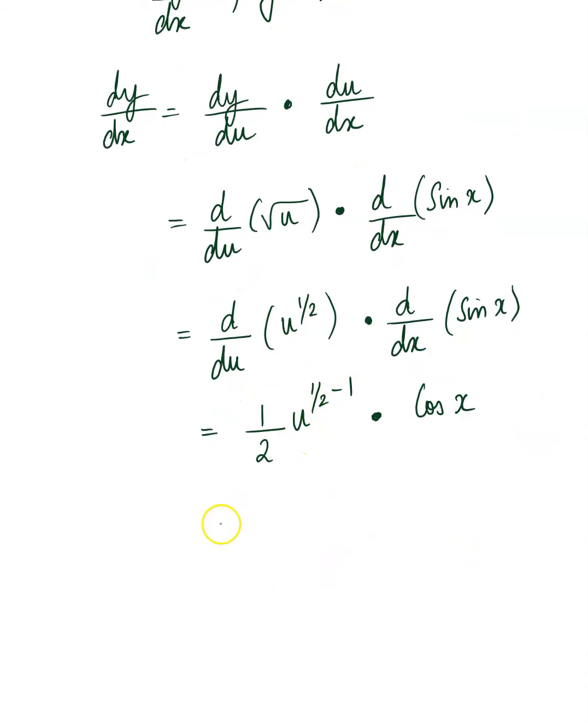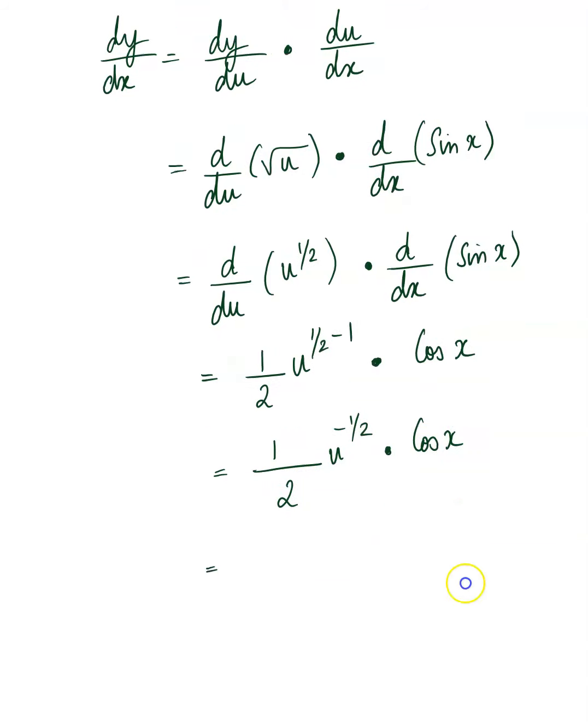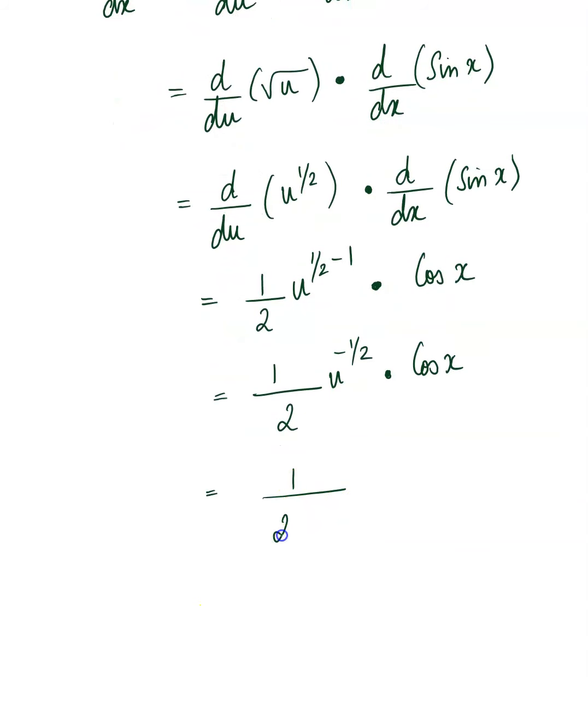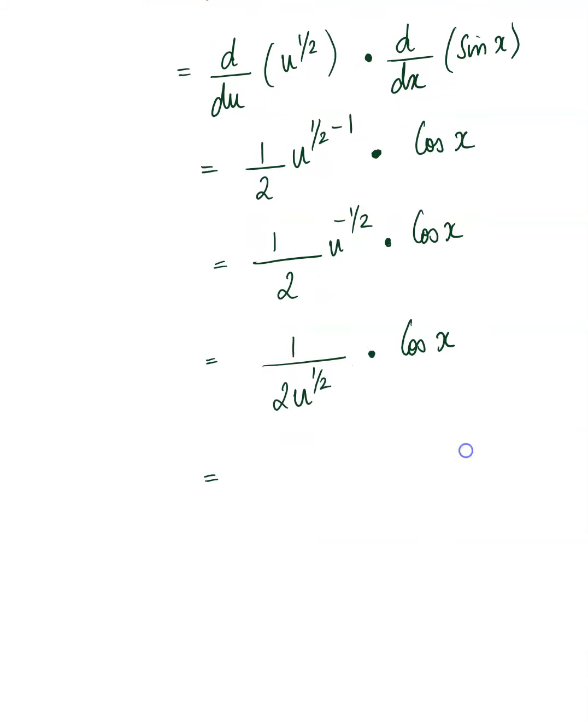Half minus 1 is negative half. So 1 over 2 u power negative half times cosine x, and the negative half can be brought down, so it will be 1 over 2 u power half times cosine x. That in turn is 1 over 2 square root of u, because u power half is square root of u.